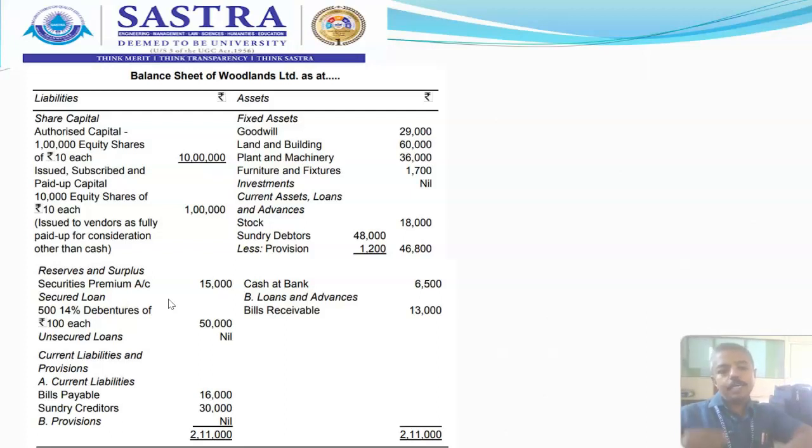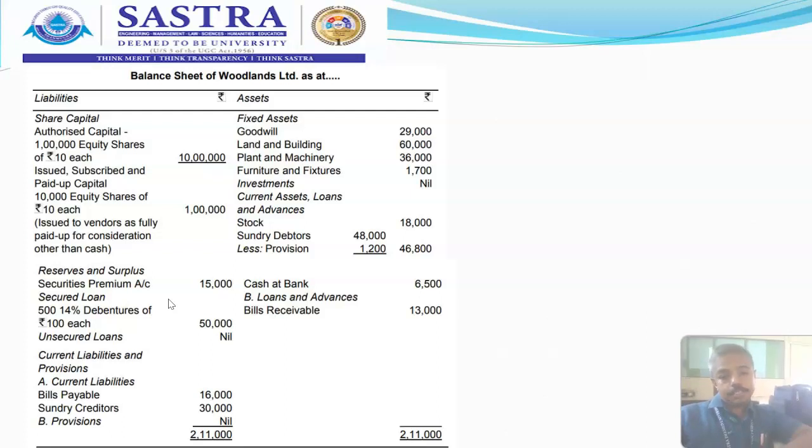So first comes goodwill, then land and building, then plant and machinery. In such a way it comes. Highly tangible items come after long-term fixed assets, which come first, and then second, investment comes. Even though it's not there, here we can write investment and put it as nil, because Schedule 3 advises to showcase the investment. Even if it is not there, it has to be there.